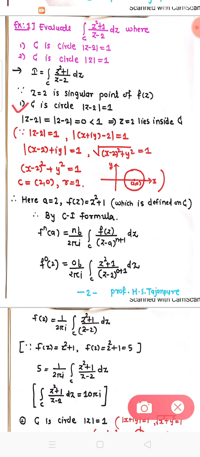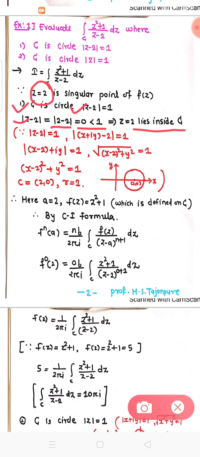Now check whether the point z equal to 2 lies inside or outside the curve C. For that, let us substitute that point in the left hand side of the equation, that is z minus 2. z is 2, so 2 minus 2 will be 0, and that is less than the right hand side. If the value of the left hand side is less than the right hand side, this implies that the point lies inside the curve C.